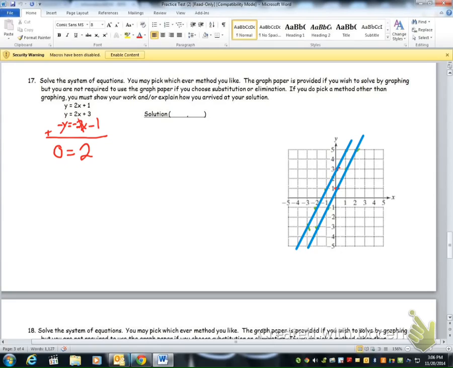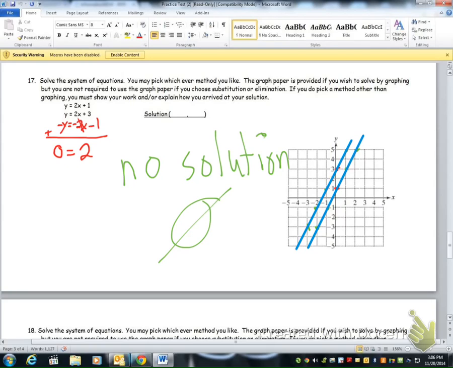They're parallel lines, meaning they will never meet. Thus, they have no solution, because at no point in time will these lines actually intersect, which means there's not going to be any solution that is on the first line that is also on the second line. So, this would be where you have no solution. Or you can put that symbol. There is no solution to it.